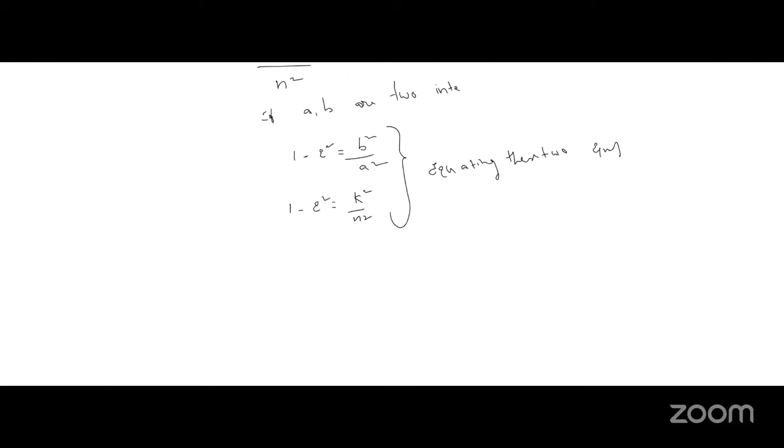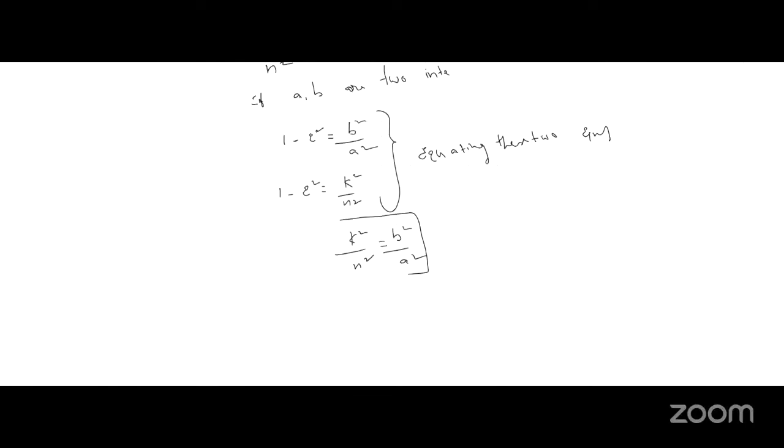K square by N square equal to B square by A square, which implies K by N equal to B by A.